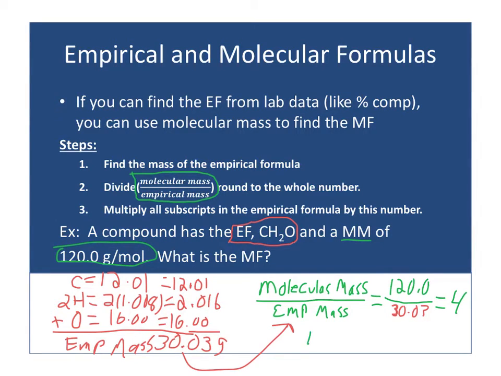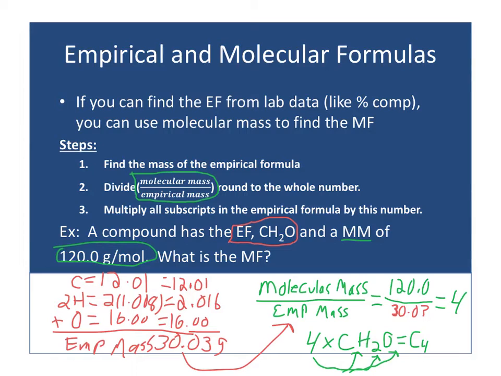So now I take the number 4 and I multiply it by that empirical formula, which was CH2O. I distribute that 4 and multiply each subscript by it. For the carbon, the 1 on the carbon times 4 is C4.